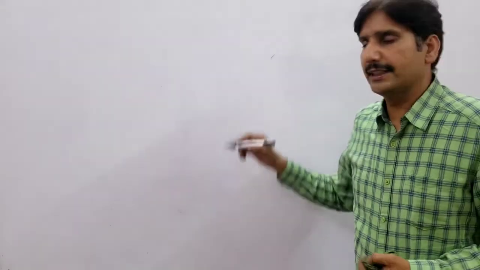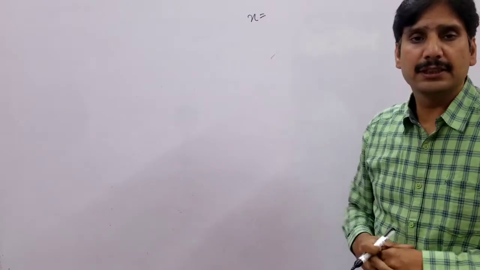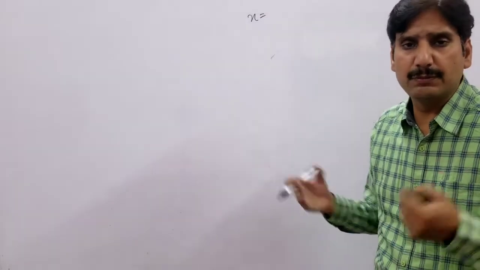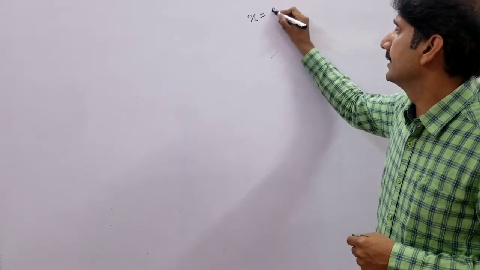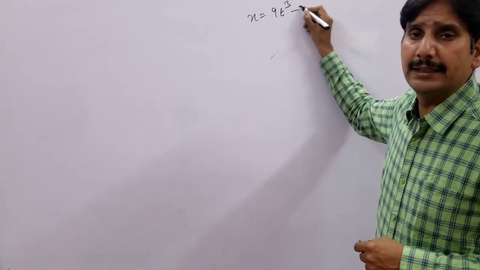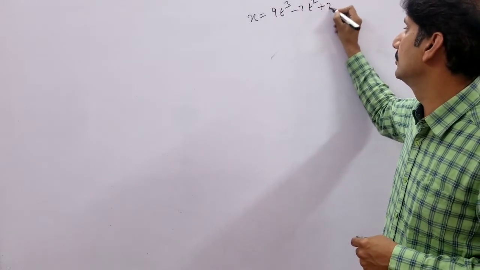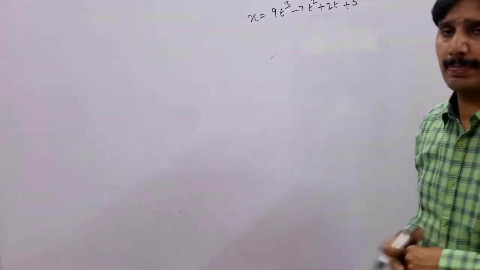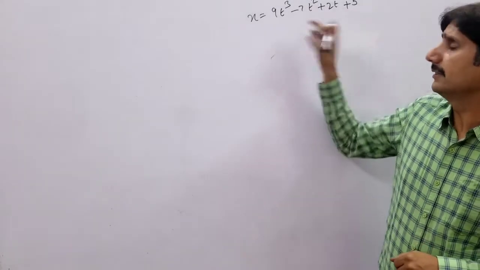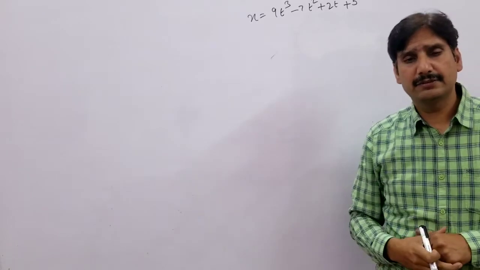Let's say the question says that the position of a body is given as 9t cubed minus 7t square plus 2t plus 5. You put in the value of t and it will give you the value of the position.